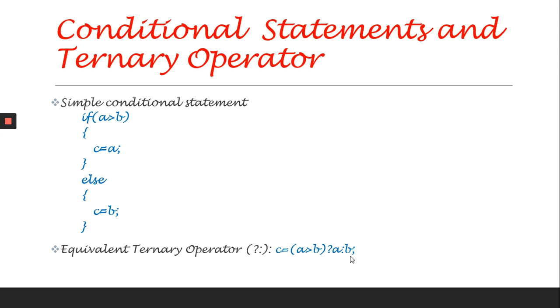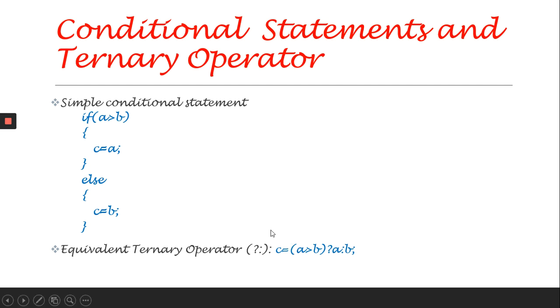A ternary operator has three operands. One before the question mark, that is A greater than B. One after the question mark and before the colon, that is in between the question mark and colon, we have the second operand, that is A. Then after the colon and before the semicolon, we have the third operand, that is B. Okay, so the ternary operator has three operands, A greater than B, A and B. It works very similar to the simple conditional statement.